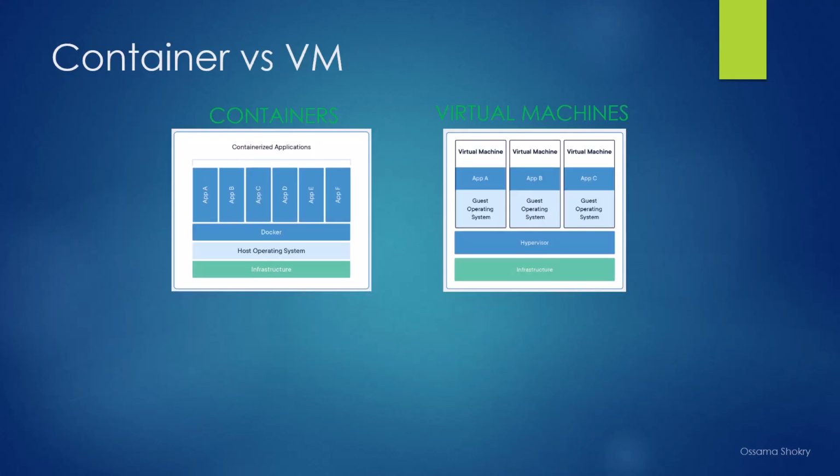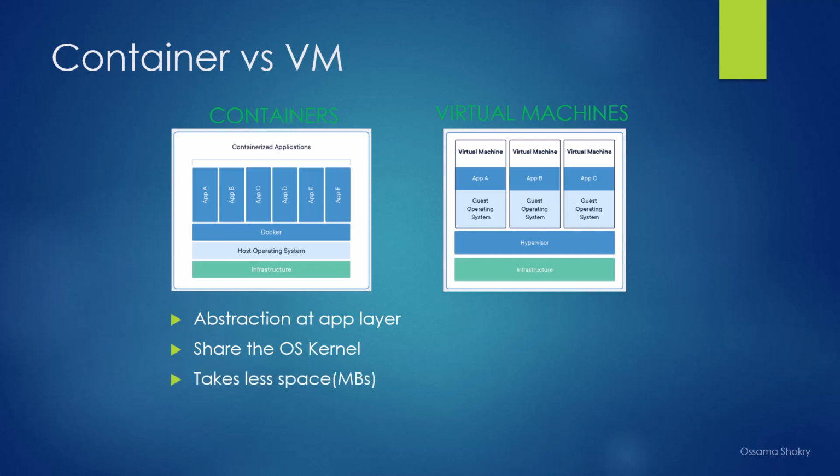Let's compare containers versus virtual machines. Containers are an abstraction at the application layer that packages code and dependencies together. Multiple containers can run on the same machine and share the operating system kernel with other containers, each running as isolated processes in user space.